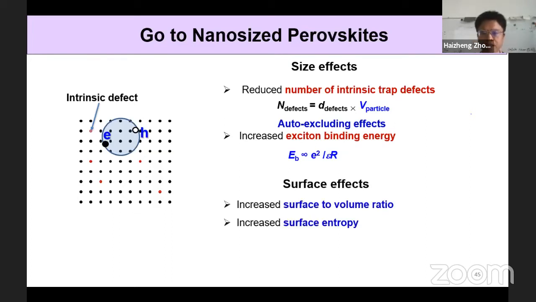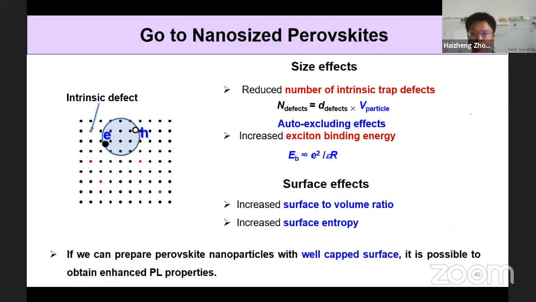However, with the size decrease, the surface effects will be more pronounced due to the increased surface-to-volume ratio and increased surface entropy. If we can prepare perovskite nanoparticles with well-kept surfaces, then it's possible to obtain enhanced PL properties.